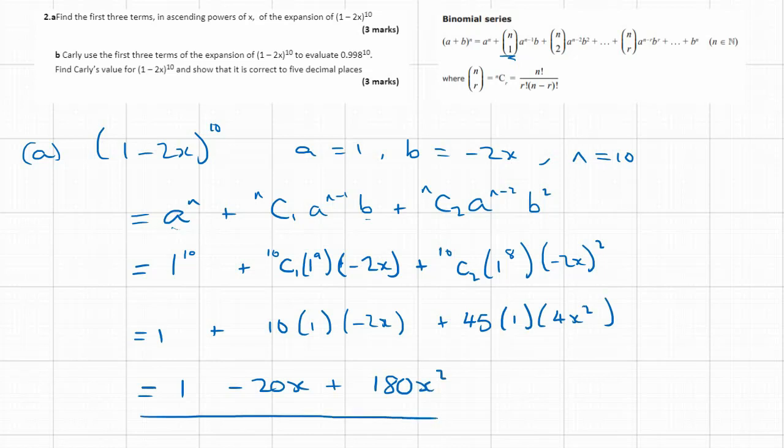That is our first 3 terms. And if you ever wonder why we never seem to go more than 3 or 4 terms, get yourself on a graph plotting tool like GeoGebra.